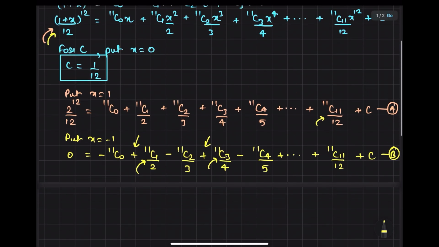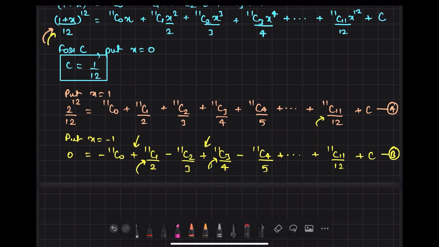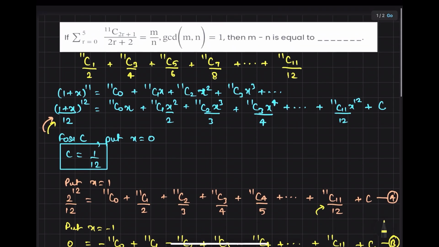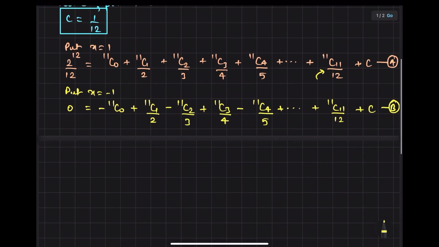Now be super slow and try to recall what we need. We need odd lower subscripts, correct? So what we have to do is add both the equations.